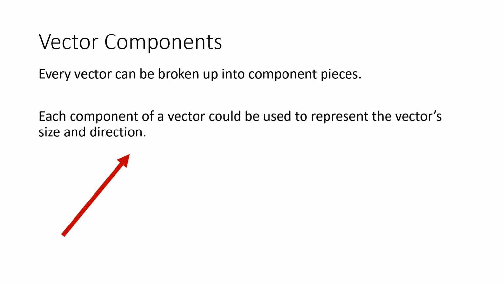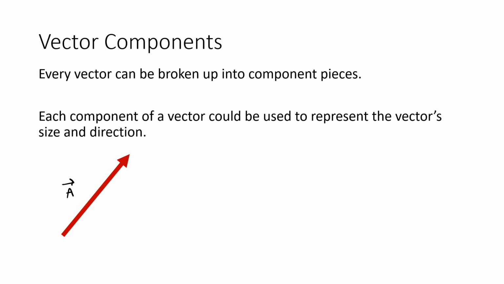We can break this vector up into its components to make it easier for us. So this is going to be vector A. That's what I'm going to call it. Vector A is just pointing up and to the right, at an obscure angle.